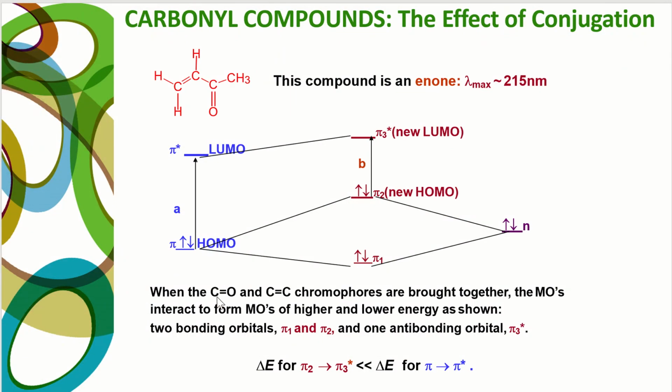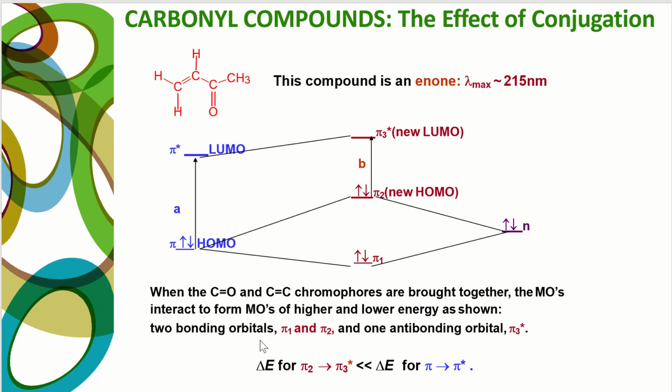So when the carbon-oxygen and the carbon-carbon double bond chromophores are brought together, the molecular orbitals interact to form molecular orbitals of higher and lower energy as shown above here.